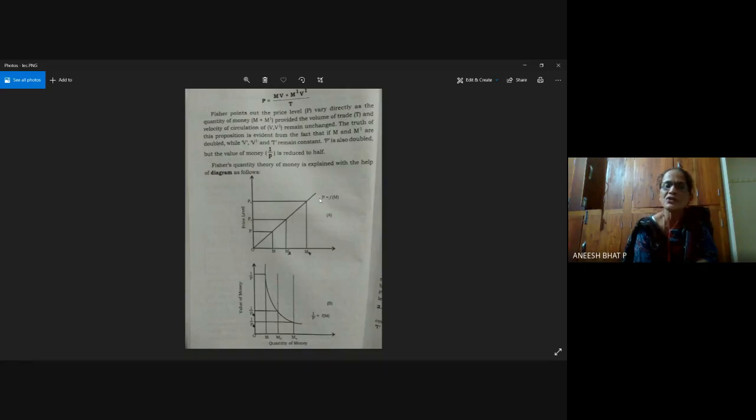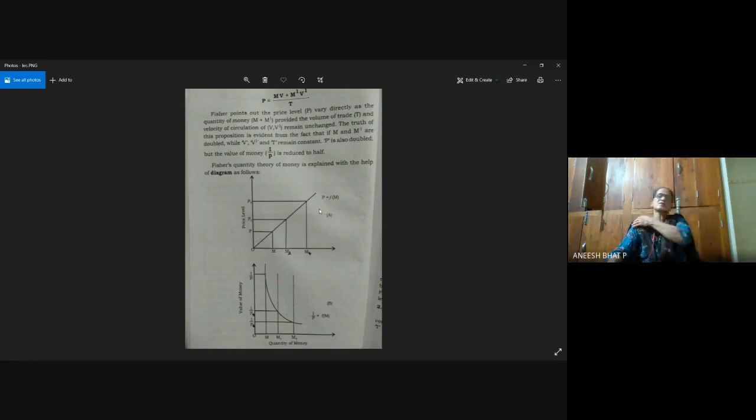Price is a function of M. When supply of money increases, price level also increases. So that shows the positive relationship between these two, that is supply of money as well as price level. Very simple diagram, easy to understand Fisher's theory.